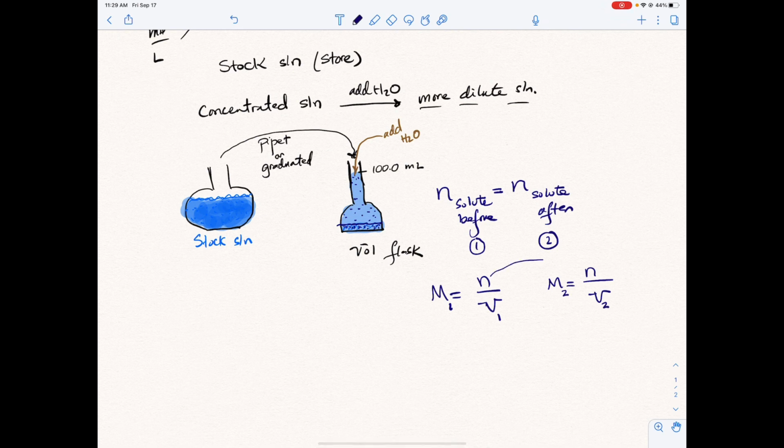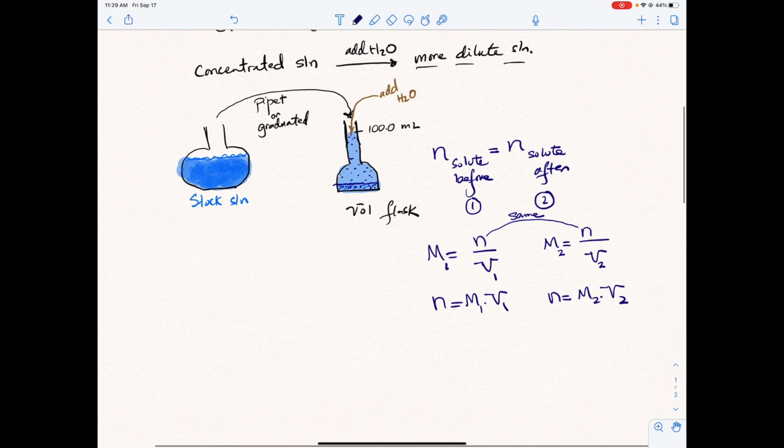The number of moles, as I just showed you, is the same. So n is equal to M1 times V1, and n also is equal to M2 times V2. This is a simple math situation where you can say X is equal to A, and then you can say Y is equal to A.